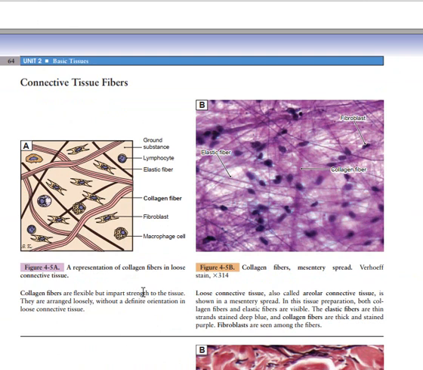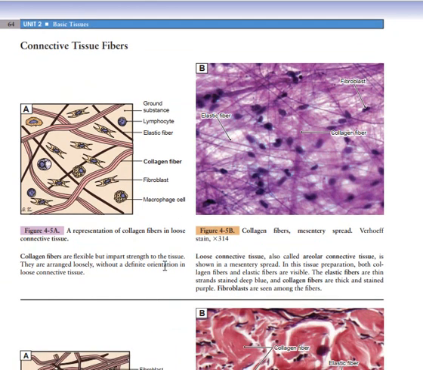The next thing to visualize here is going to be the connective tissue fibers. You have three main connective tissue fibers. We said collagen fiber, that's one. The second is elastic fiber, and the third is reticular fiber. This is just a diagrammatic representation, but what is much more useful for us now is the two connective tissue fibers, collagen fiber and elastic fiber.